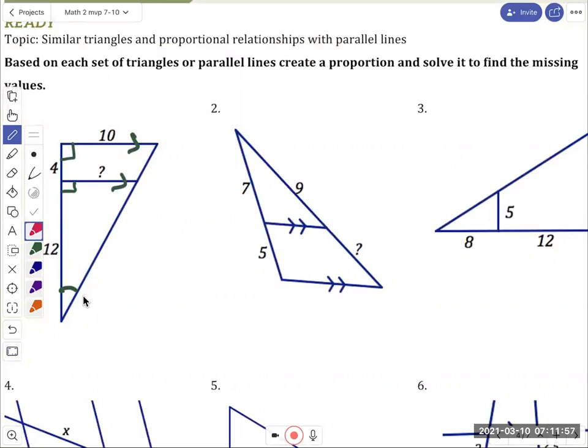So you can just say similar sides would be 7 to 9 is like 7 plus 5 to 9 plus question mark. So you've got to work a little bit harder on that, because you just have to add 7 and 5, which is 12, to something, right? And then this one, you have a part.